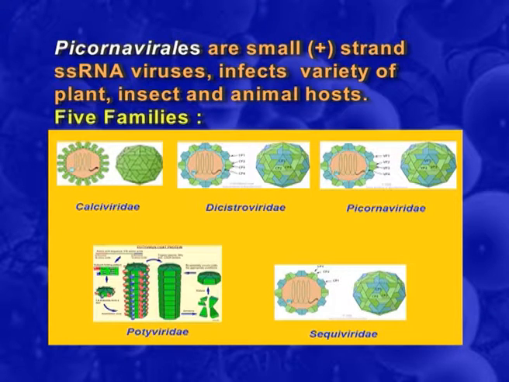Next, we will be discussing the Picornaviral order. The Picornaviral order comprises small single-stranded RNA viruses that infect a variety of plant, insect and animal hosts. So, here we can see different families clubbed together which can infect a wide range of hosts. Here we have 5 families, namely Caliciviridae, Dicistroviridae, Picornaviridae, Sequiviridae and Potyviridae.